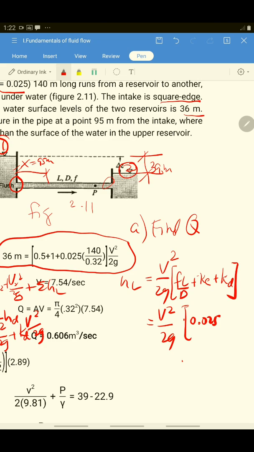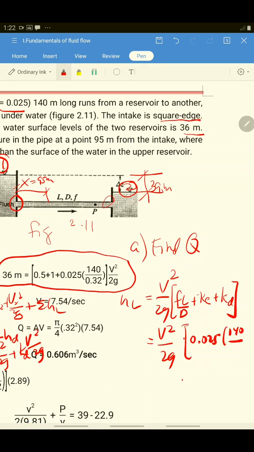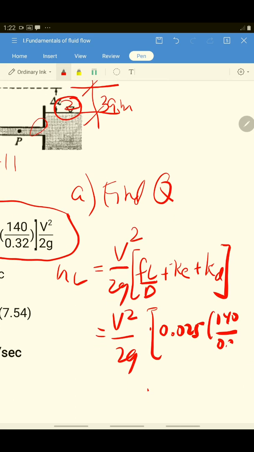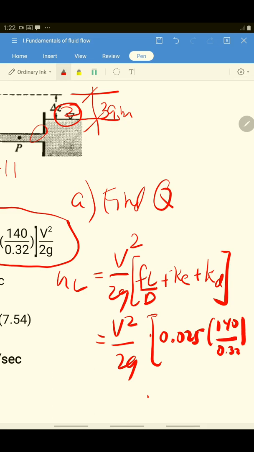L is 140, so times 140 over D. D is 0.32 meters. Plus K E.